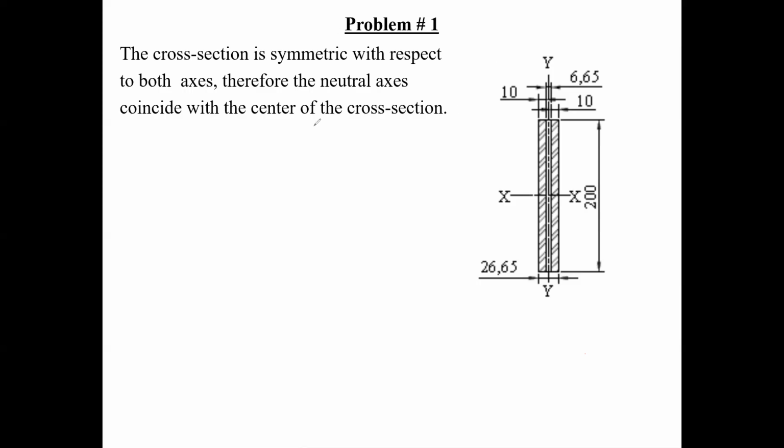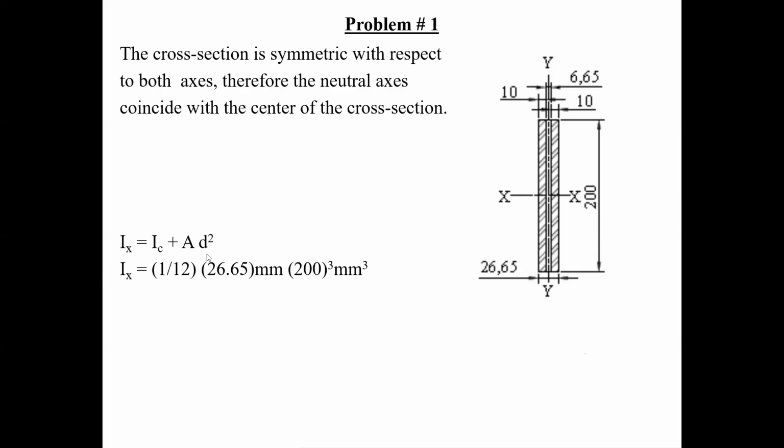Whenever you're doing sectional properties, look for symmetry. If you can find symmetry, you've found the neutral axis, and you'll save yourself the trouble of finding the centroid. That's number one. Number two, here I have IX, the moment of inertia with respect to this axis, which is IC plus AD squared.